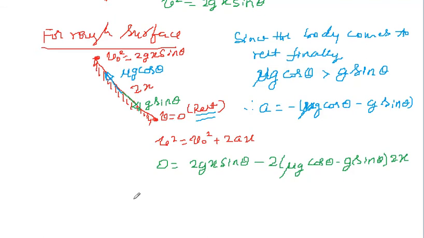Since one of the terms is negative, these things will go on this side, and I can take out g as common inside. So it will be 4 g x, and inside the bracket mu cos theta minus sine theta, which is equals 2gx sine theta.